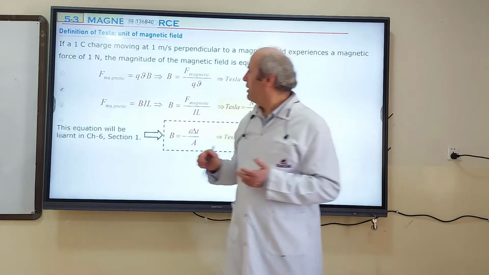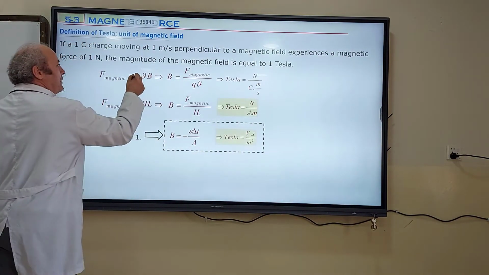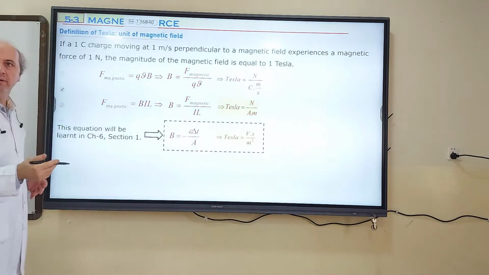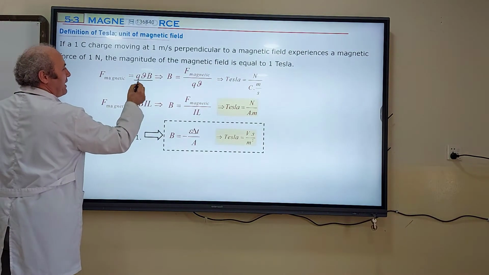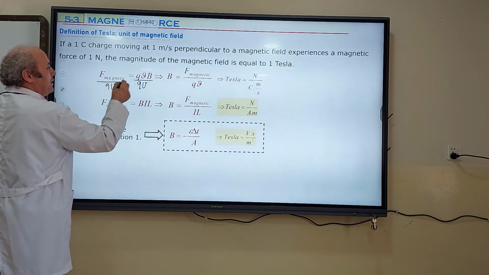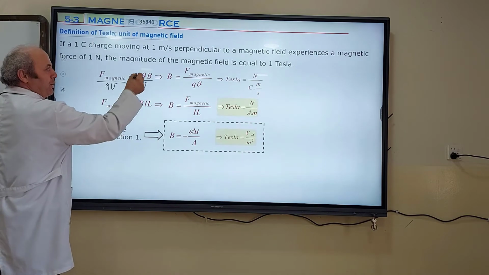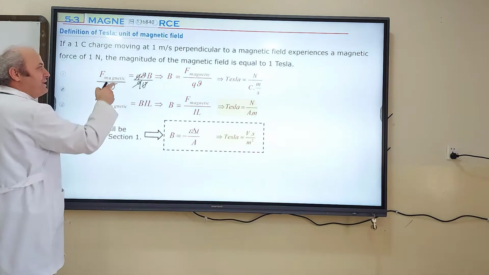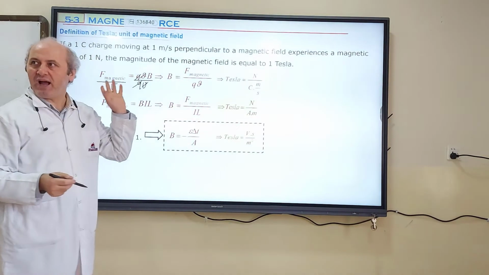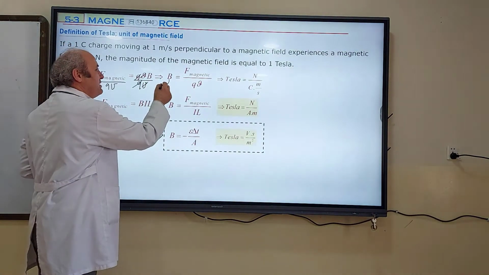In here, I'm going to leave B alone. If I divide both sides by QV, the Q's will simplify, the V's will simplify, so B is equal to F divided by QV. Now, I know that B is Tesla.